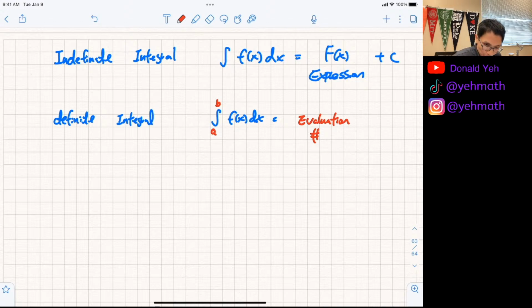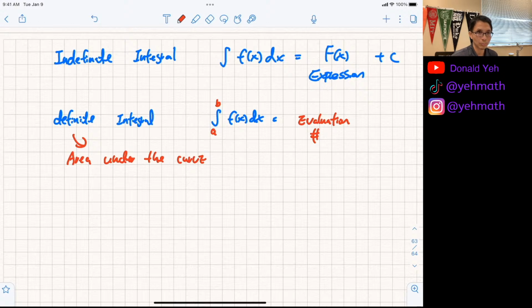So what is definite integral? The easiest way to teach kids is just tell them it's the area under the curve. And sometimes people ask, could the area under the curve be negative? Yeah, if the graph is below the x-axis, and with the correct orientation from low to high, it can be a negative evaluation. So it's not like saying area under the curve has to be positive.